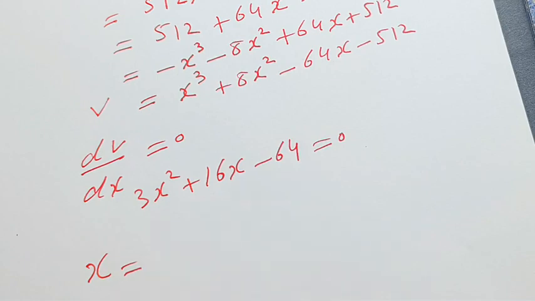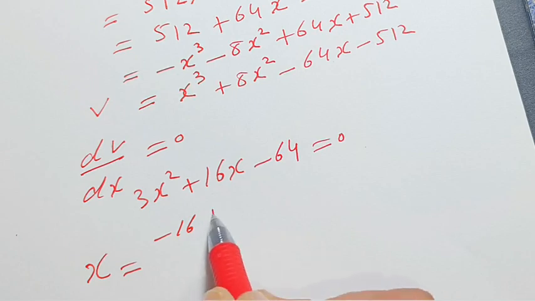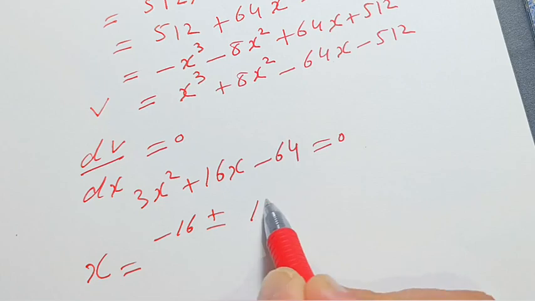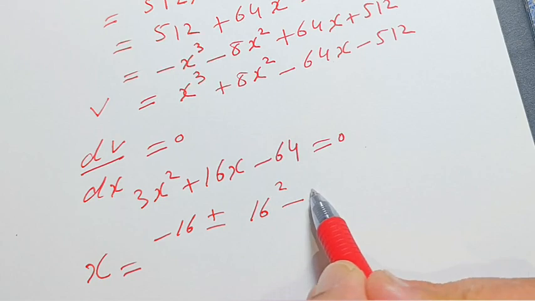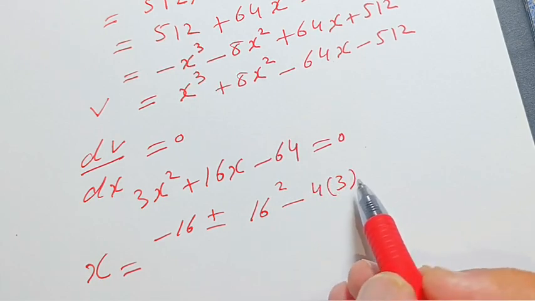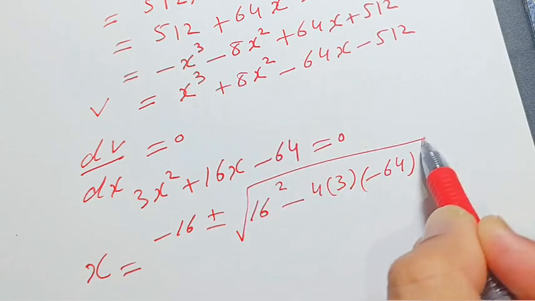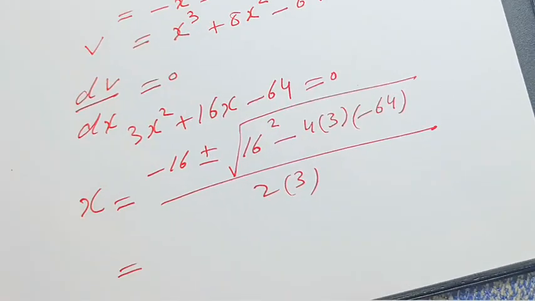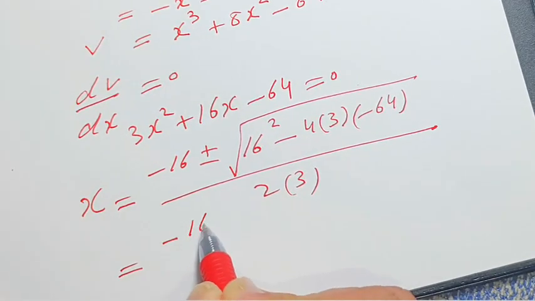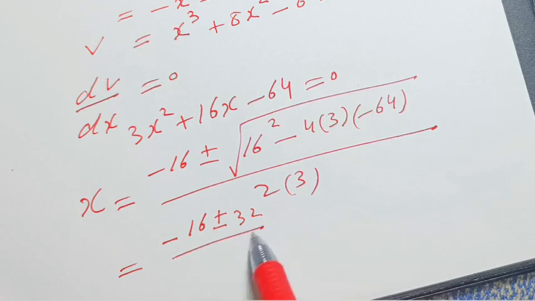So it's going to be minus 16 plus or minus the square root of 16 square minus 4 multiplied by 3 multiplied by negative 64, over 2 multiplied by 3. That gives negative 16 plus or minus 32 over 6.